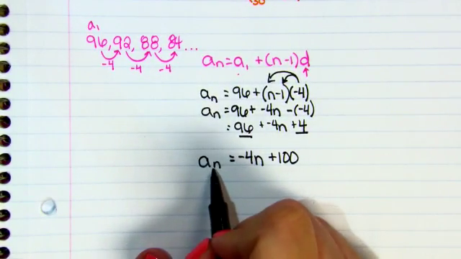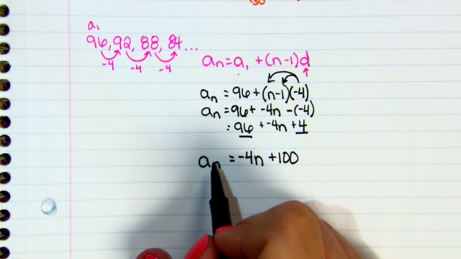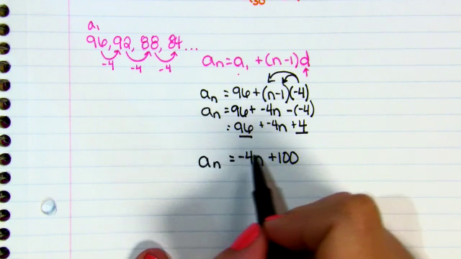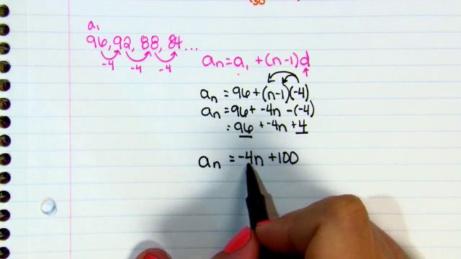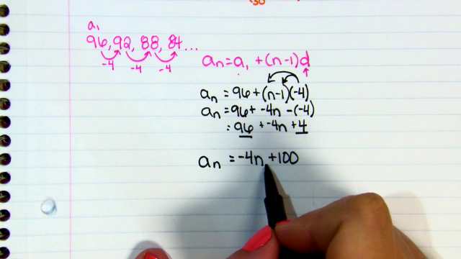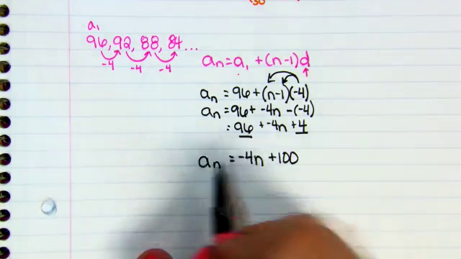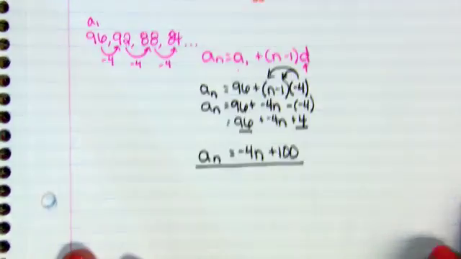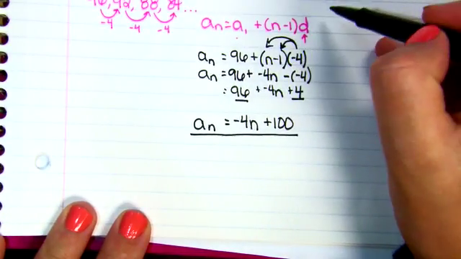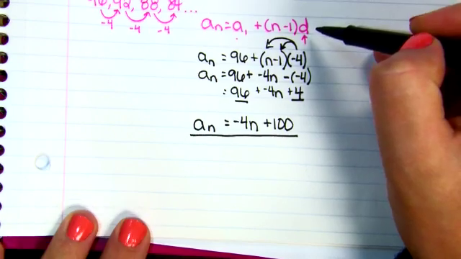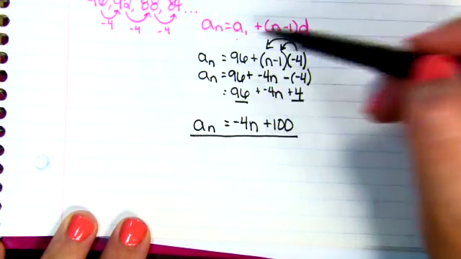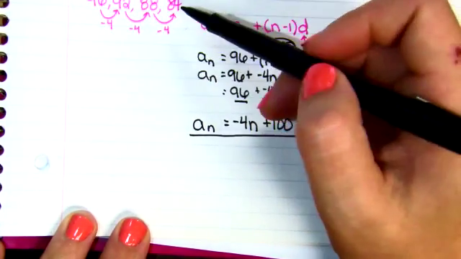Or another way to think about it, to find the value of my nth term, I multiply -4 by the term number, or the position number, and I add 100. So then I can use this formula. This is just the same formula that I had before, but it's specific to this situation, so it's simplified to this situation.